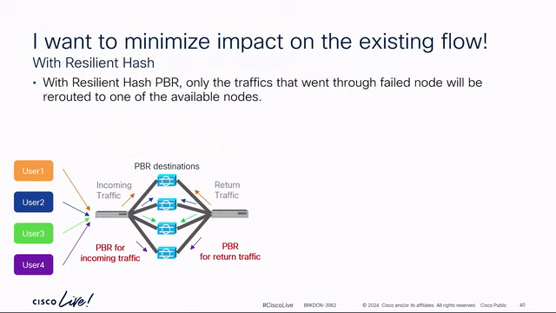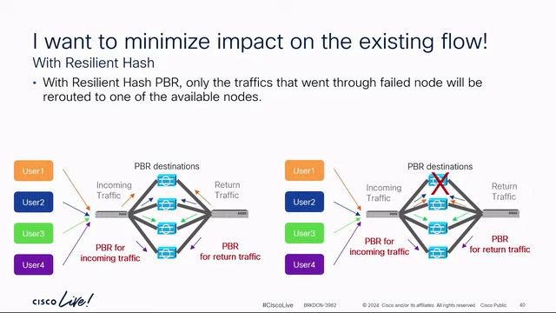If you don't like it, we can enable the resilient hash option. If the resilient hash option is enabled, let's say the first node is down, then the orange flow will be redirected to one of the available nodes. At the same time, blue, green, purple, they are going through the original nodes, no impact.